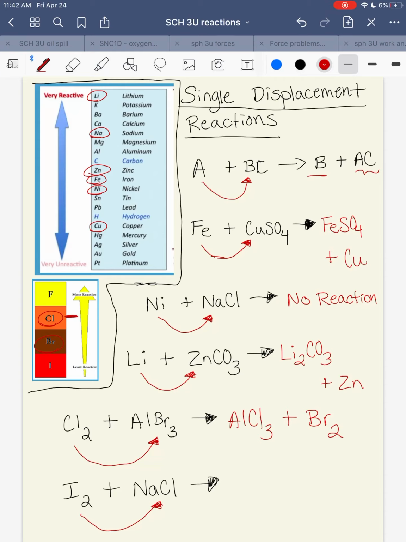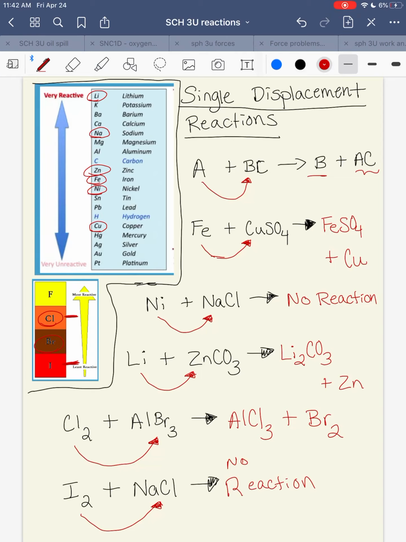But iodine is farther down on the activity series, which means iodine is not going to be able to replace the chlorine because it's not as reactive as the chlorine. So we're going to have no reaction here. We'll predict absolutely no reaction happening if iodine tries to replace our chlorine.